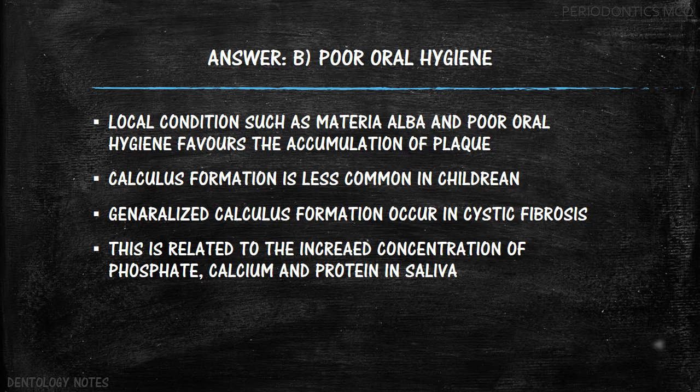Local conditions such as materia alba and poor oral hygiene favor the accumulation of plaque. Calculus formation is less common in children. Generalized calculus formation occurs in cystic fibrosis, related to the increased concentration of phosphate, calcium and protein in saliva.